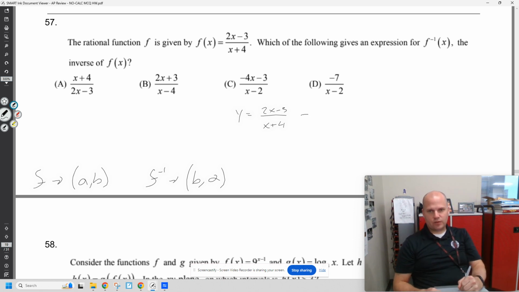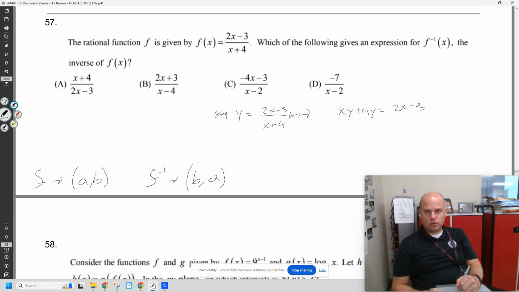And the way I did this the first time in the video was a little bit confusing to me. And I was like, do we really have to do that? But I'll show you a different way compared to the first video. And then I'll show you another way to check this problem. I'm going to just multiply by x plus 4, giving me xy plus 4y equals 2x minus 3.